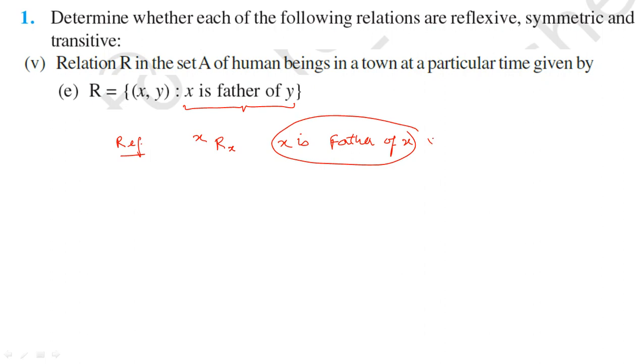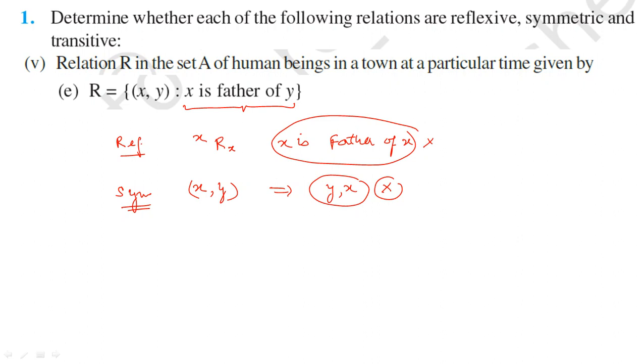This one is not true. It means reflexive nature is not there. What about symmetric? If I am saying X is father of Y, then how can I say Y is father of X? This one is not again feasible.